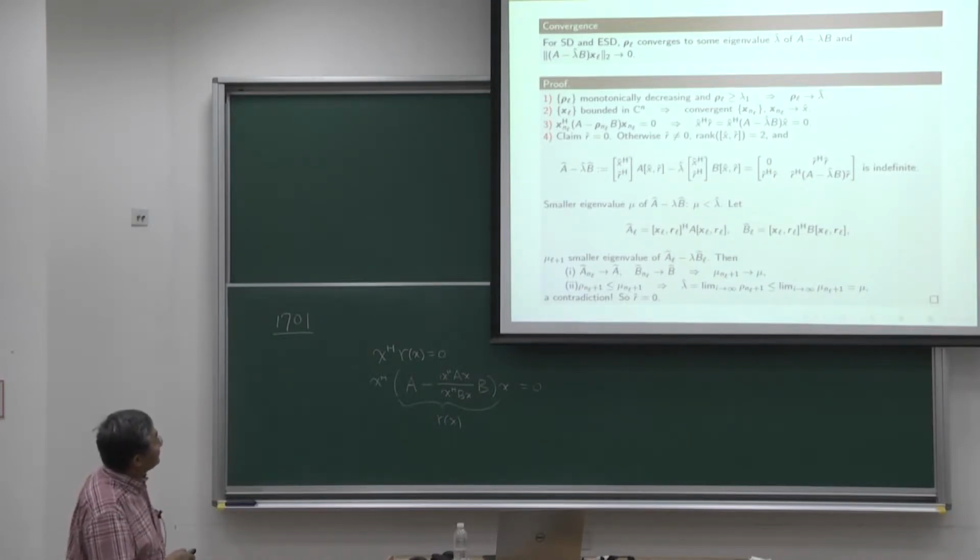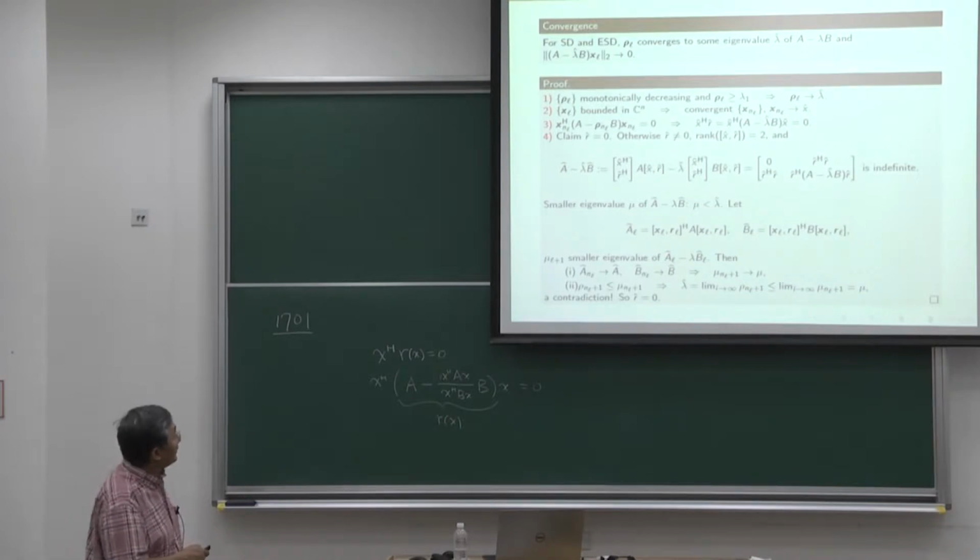First, the subsequence of AL hat is going to converge to A hat, okay? Because the subsequence of X and the subsequence of R converge. So you're going to have this, and similarly a B sequence converging to B hat.